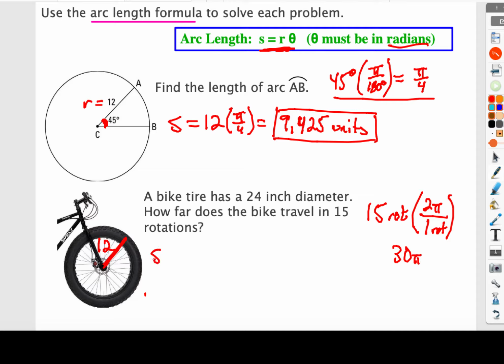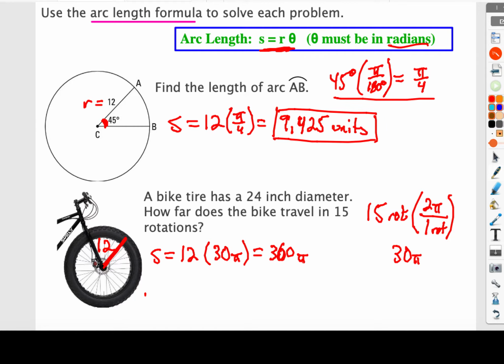So to find the arc length, or the length around the tire, traveling around 15 times, as the tire rotates 15 times, we can say that we have the radius, 12, times the radians, 30 pi, radians to travel around that circle 15 times, which basically would become 360 pi.